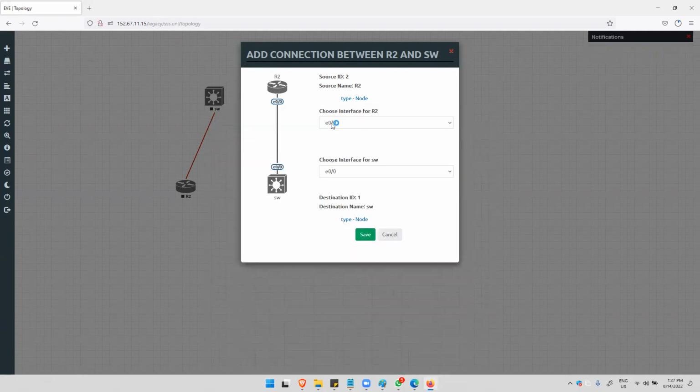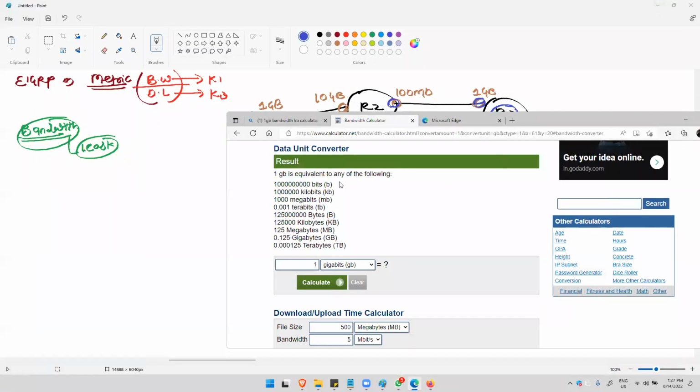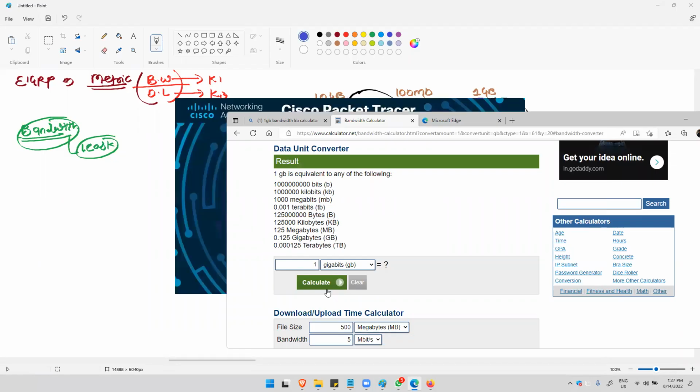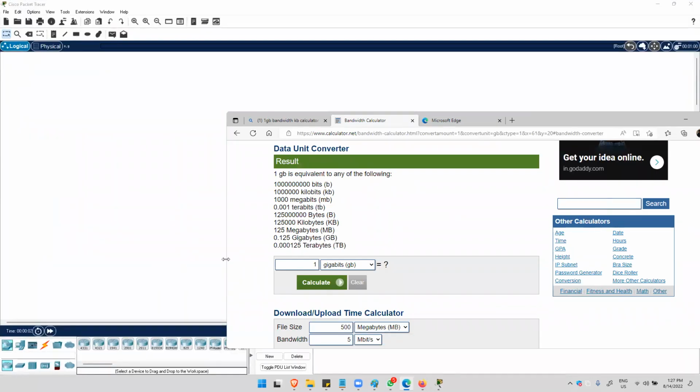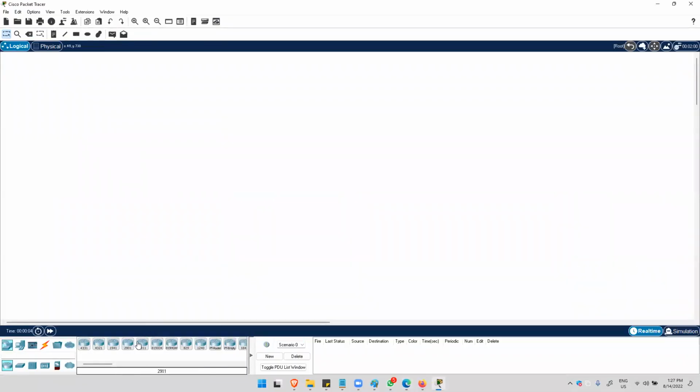If I'm using Cisco Packet Tracer, verify one more thing. In simulators, we are getting a different value. Hold on, Packet Tracer also verify. So I'm using a 2911 router and this one is also a 2911 router. Increase the size. Now it's done.